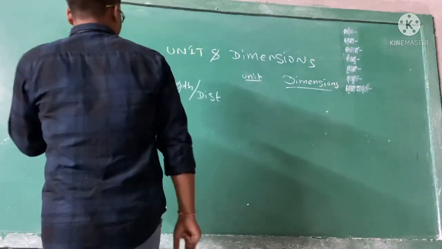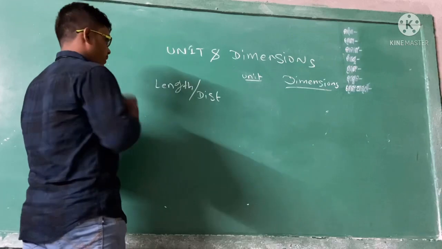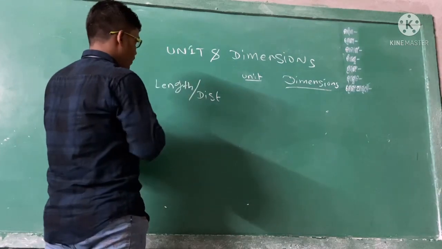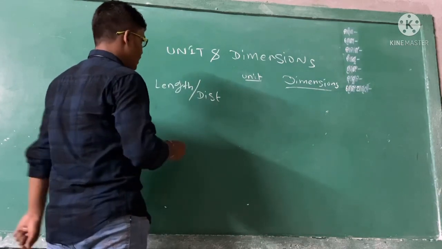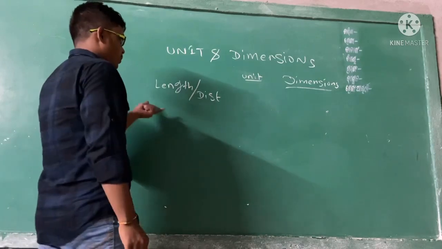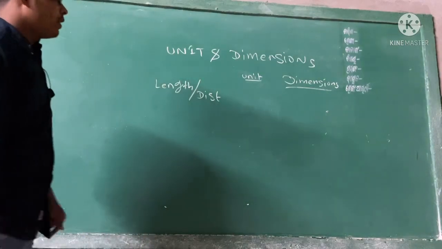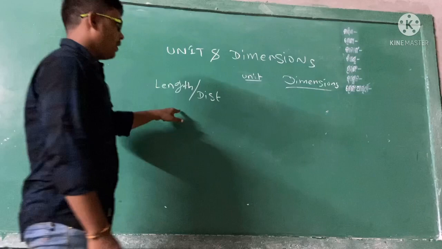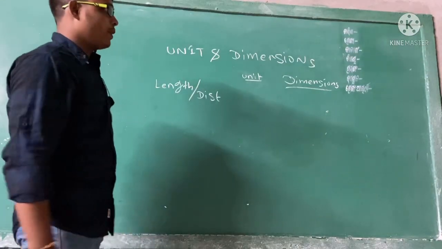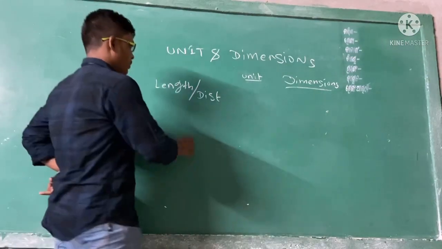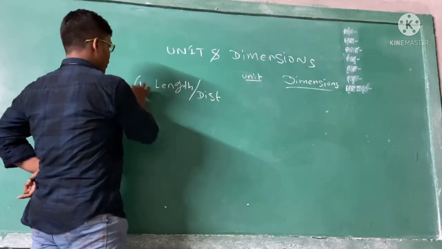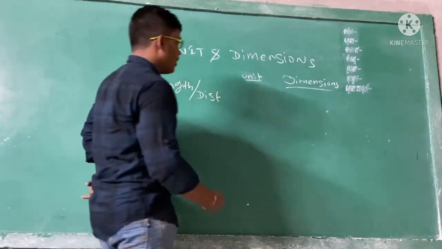So this is the first fundamental unit, the length or displacement or distance. But distance and displacement, distance is the scalar and displacement is the vector quantity, but both are under the length category. Displacement is that one point to another point you are moving. So then how you will measure the length or the distance?